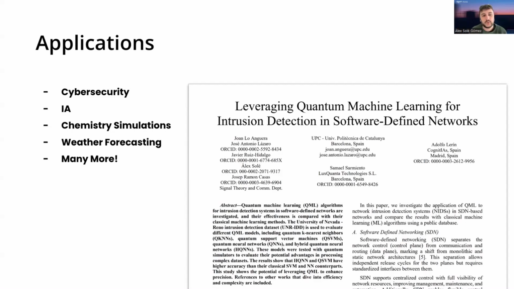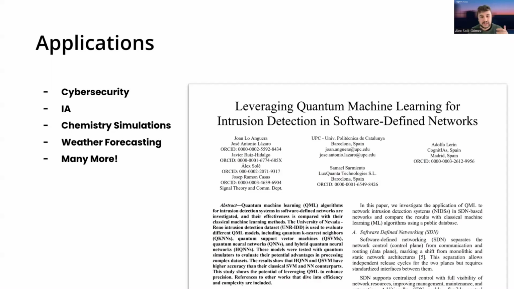This is a paper we did to detect an intrusion in your network, like a man in the middle. But instead of normal machine learning, we use quantum machine learning, with quantum computers that can run some algorithms different from classic machine learning.